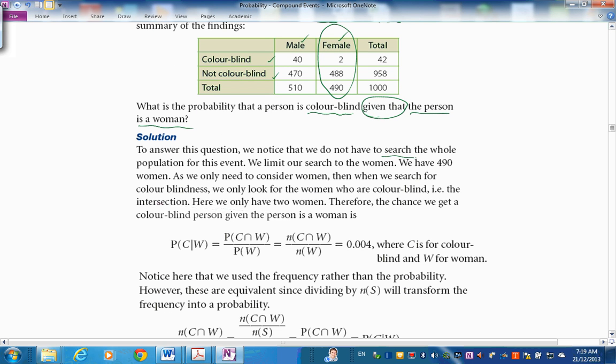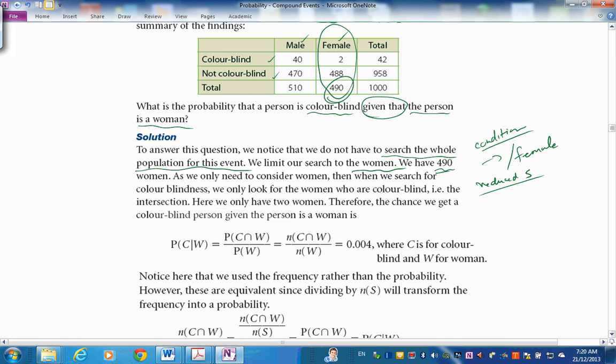We do not have to search the whole population for this event because we're given a condition. And the condition is women, given that it's a female. We have 490 women, so we can do it on numbers now. It's a reduced sample space, reduced S. All of these things we expect.